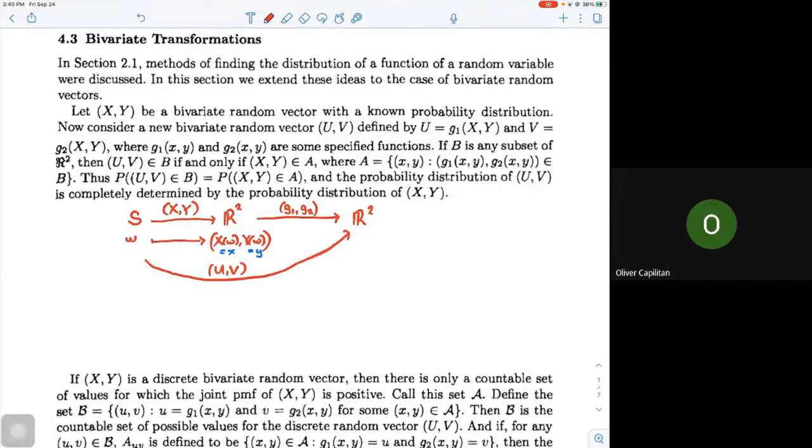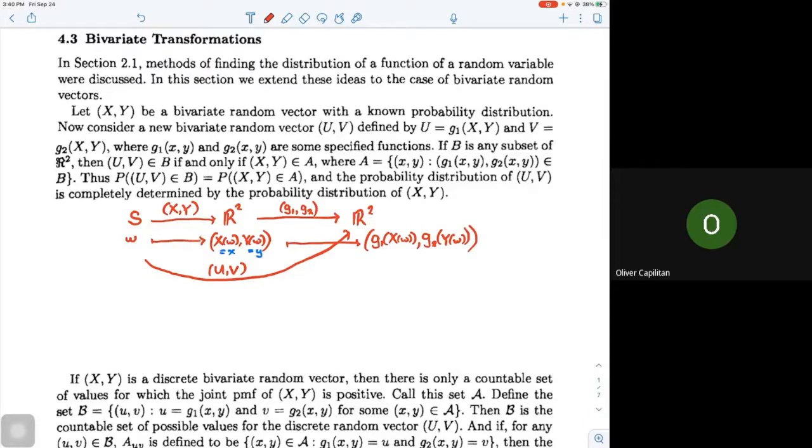So the image here in our R square would be g sub 1 of X of small w, and then we have here g sub 2 of Y of w.